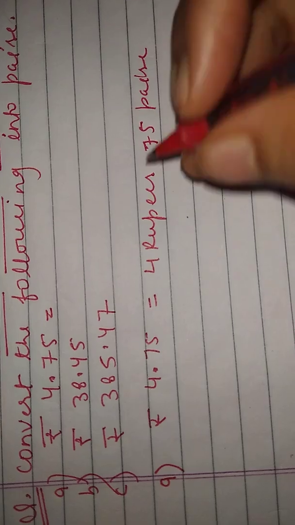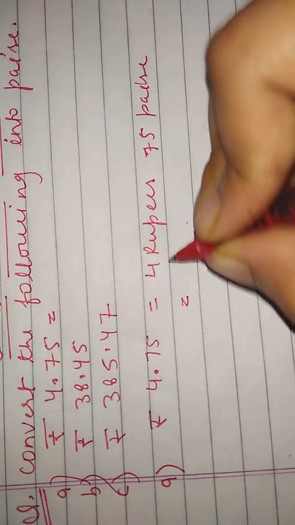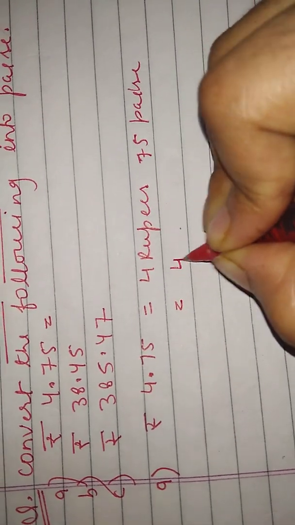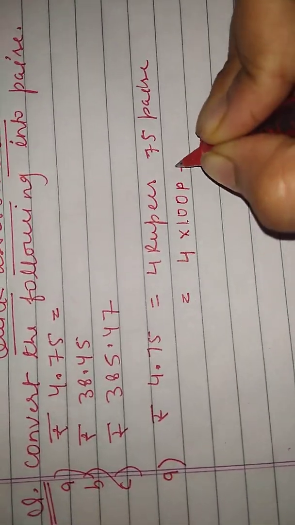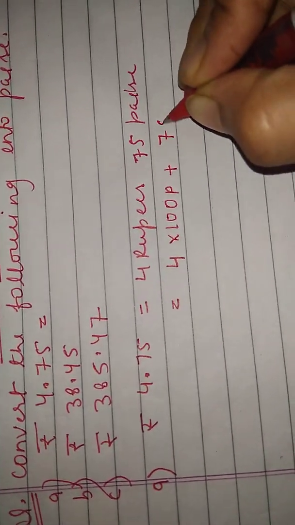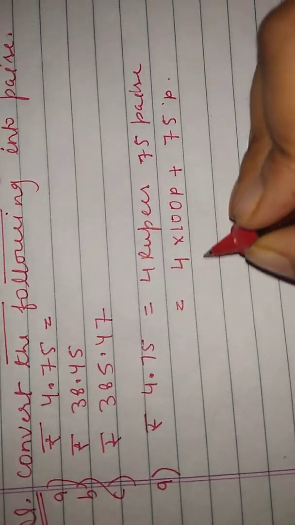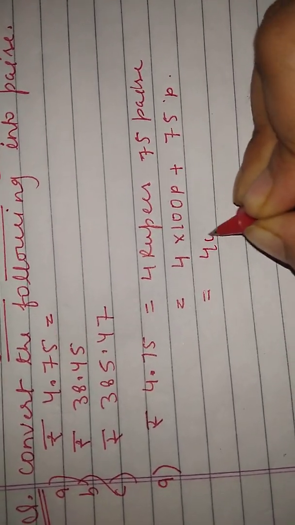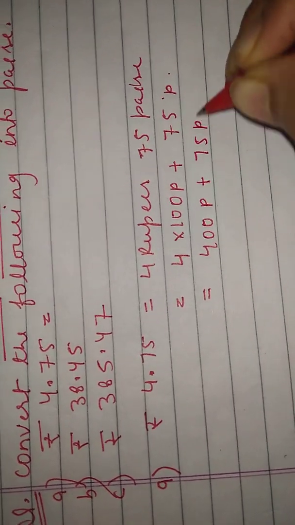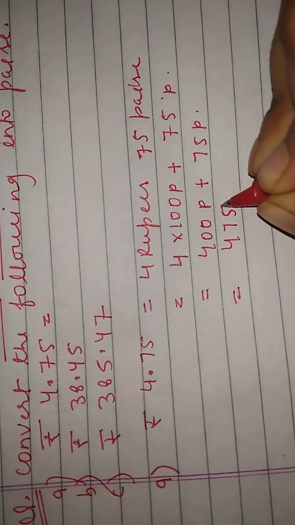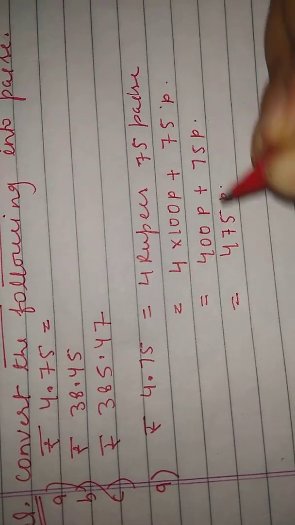Now I have told you that we have to multiply rupees with the 100 to make it paise, and then paise will be added to it, right? This will become 400 paise plus this 75 paise. Now we will add them, so this will become 475 paise, right?